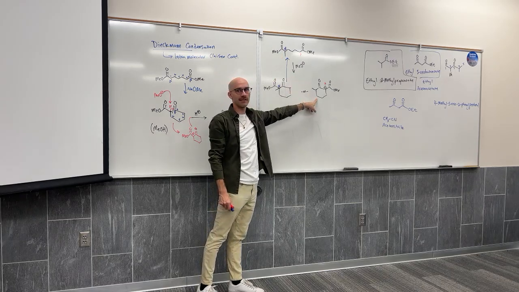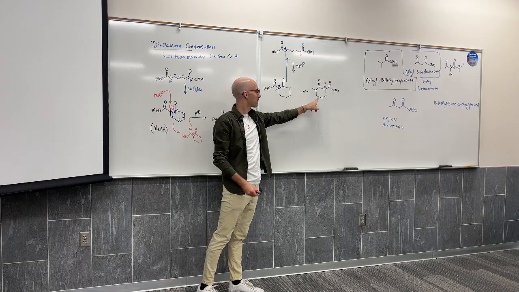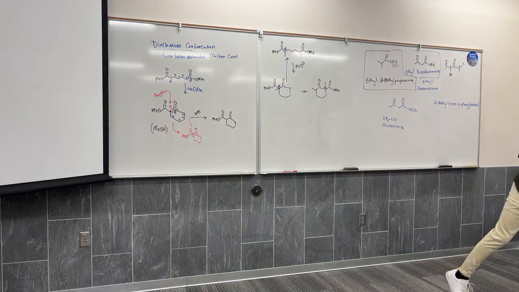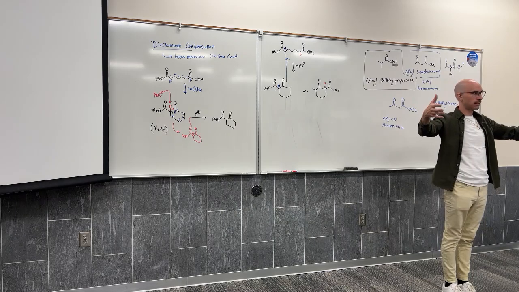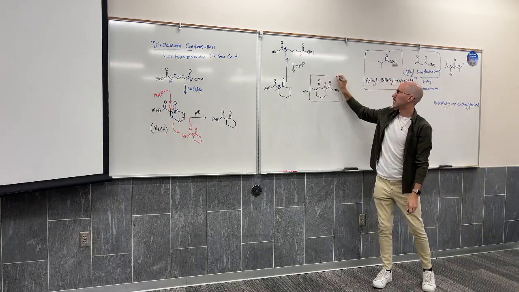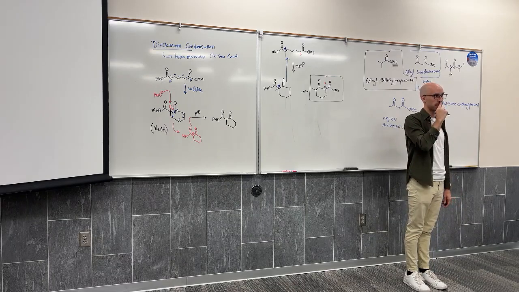But this product can't be reversed. It can't be attacked because it's an enolate. It is a nucleophile. So there's this really interesting feature of the Dieckmann reactions where an asymmetric Dieckmann prefers the product that gets locked as an enolate after it forms.